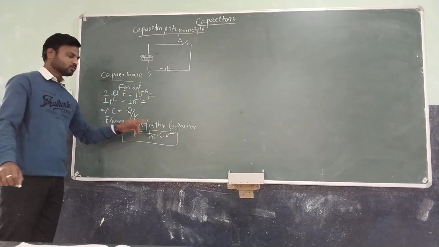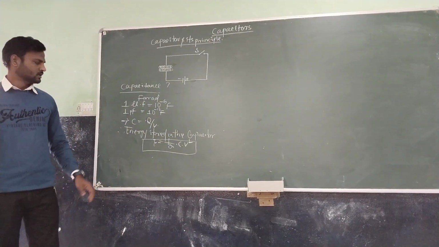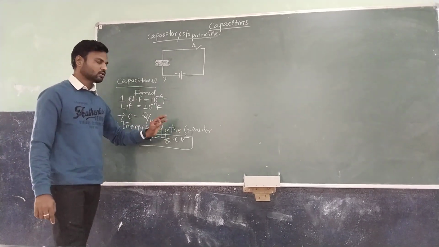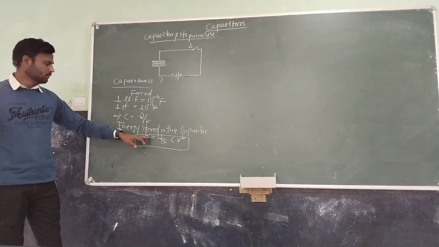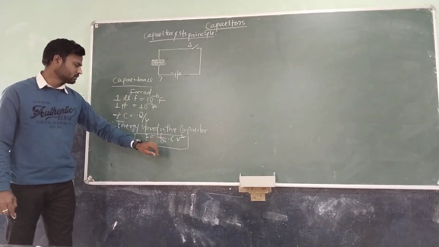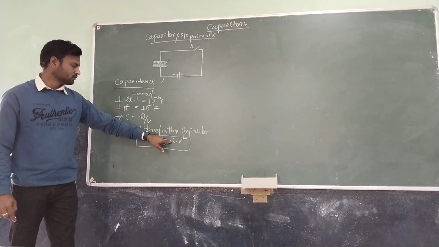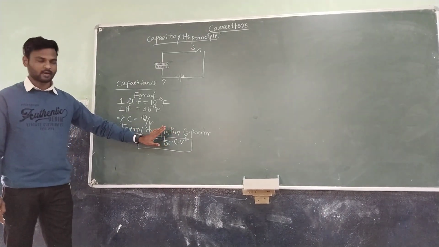So that is the energy stored in the capacitor. E equals 1 by 2 C V square: 1 by 2 into capacitance into voltage square.